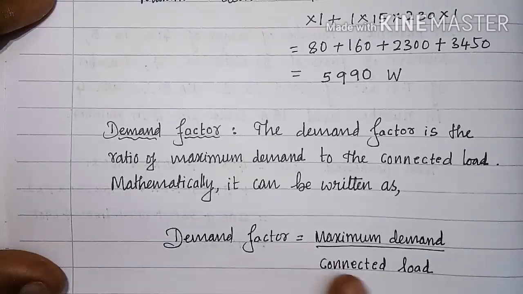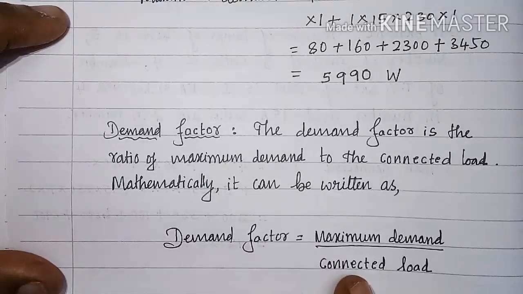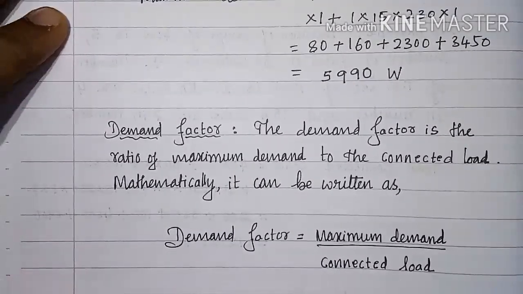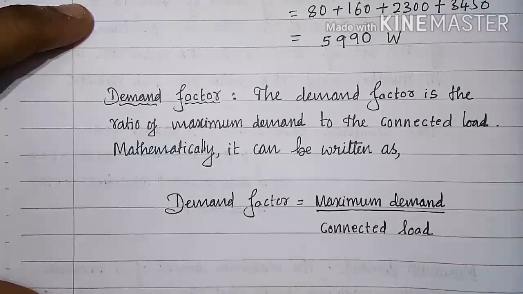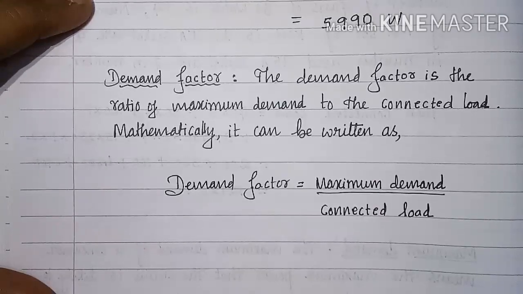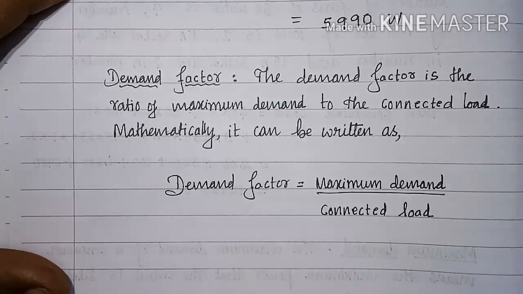That means demand factor will become equal to 1. But practically it won't happen because no electricity consumer will connect all his load to the system at a time. So usually the demand factor value varies between 0.5 to 0.8.